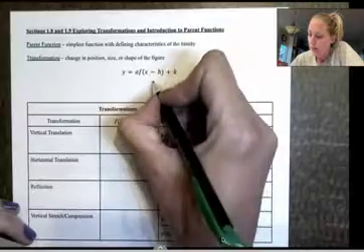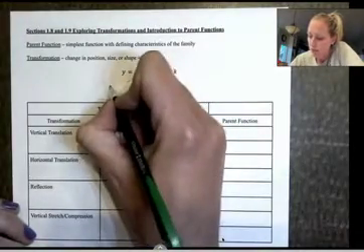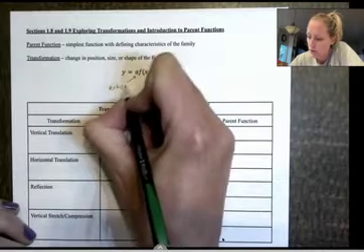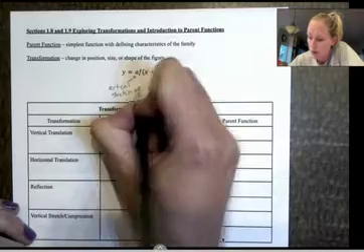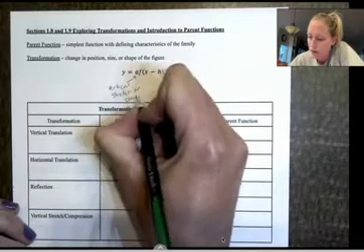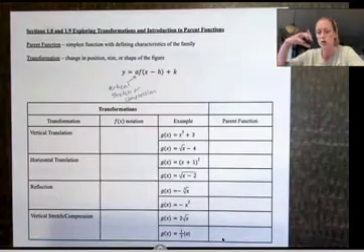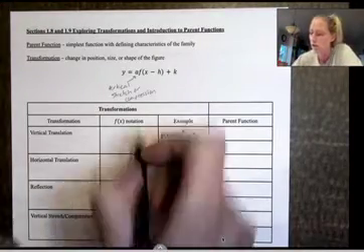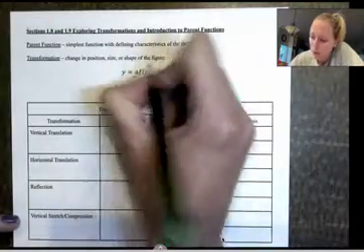What happens here is this a is a vertical stretch or compression. So it's either making it taller or making it shorter. I'm going to add one more thing here too.